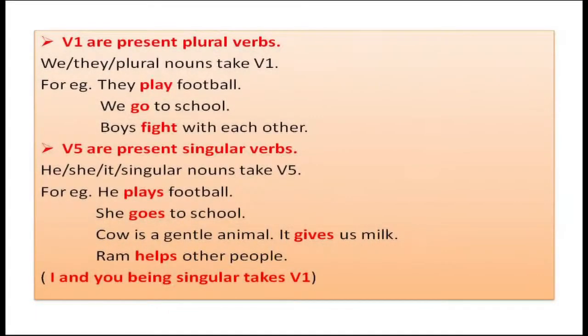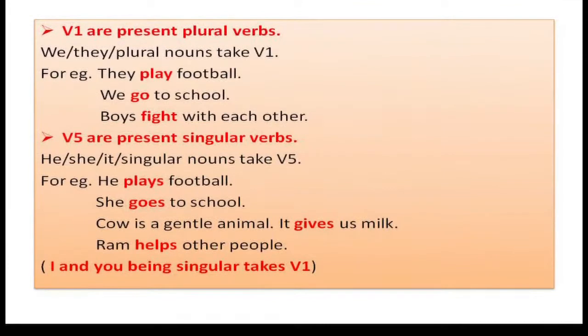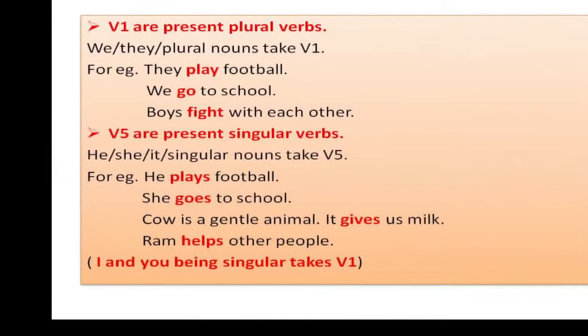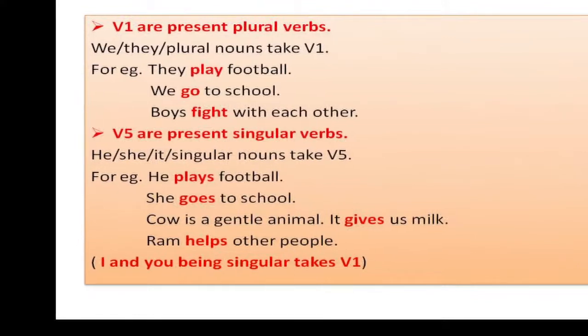Now see uses of verb 1 and verb 5, where we are going to use verb 1 and where we are going to use verb 5. Now the first line, see verb 1 are present plural verbs. Okay, it is used to denote present tense and they are used with what? Plural subjects. Like we, they, these are plural pronouns, and plural nouns take verb 1. For example, they play football.